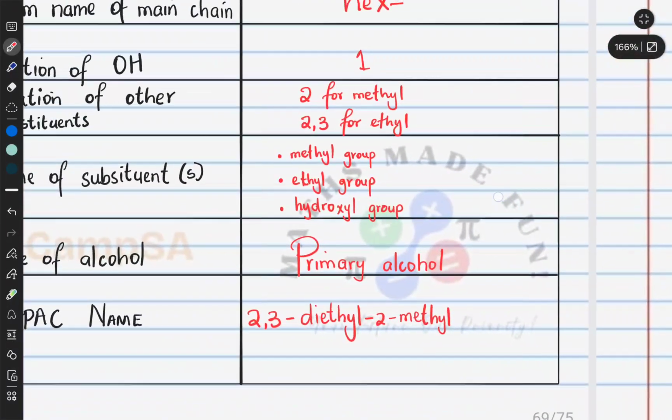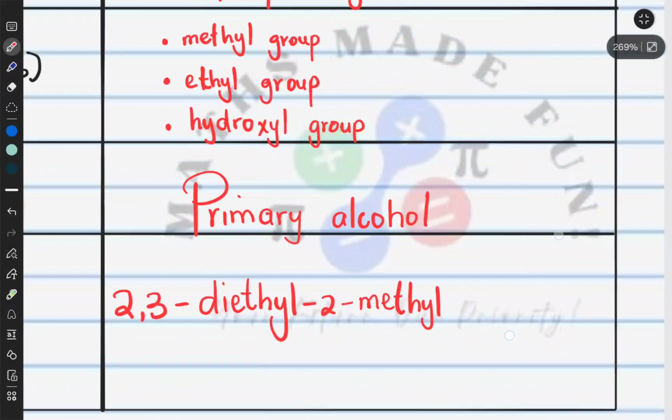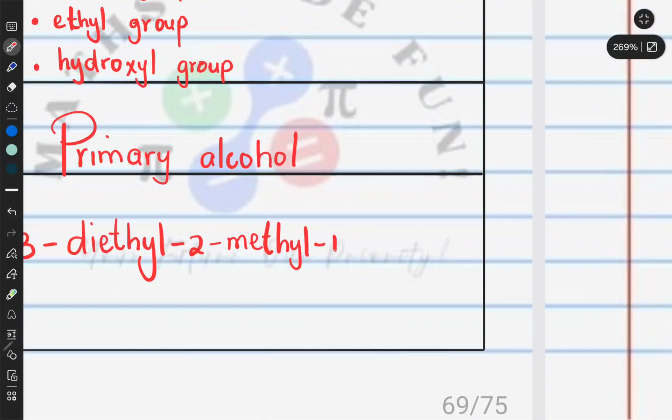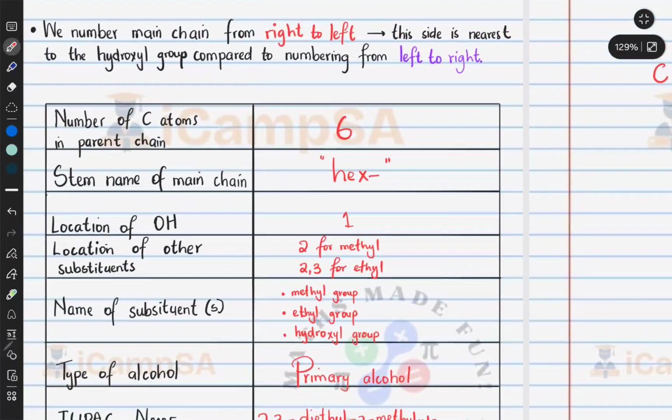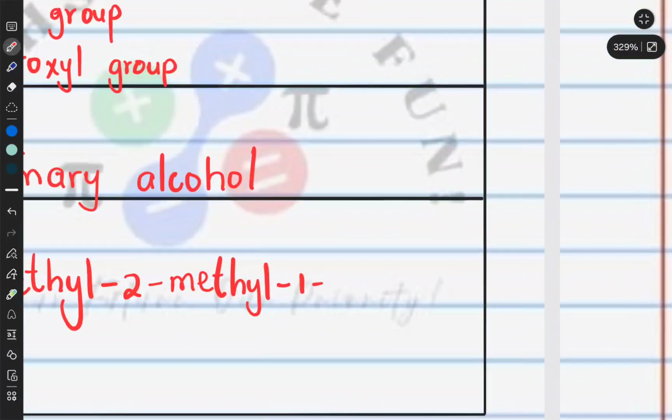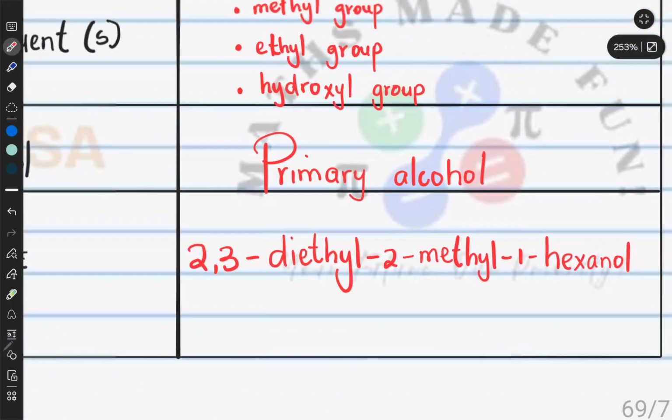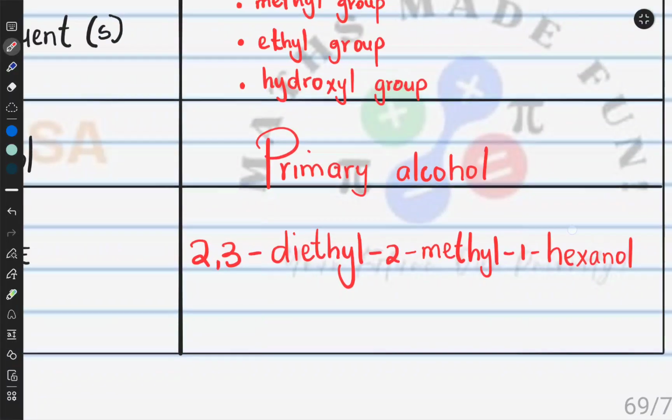So the hydroxyl is on position number 1. So we can say 1, and then now we can write the name of our parent chain, which is hexanol. Yes, so this is 2,3-diethyl, 2-methyl, and 1-hexanol.